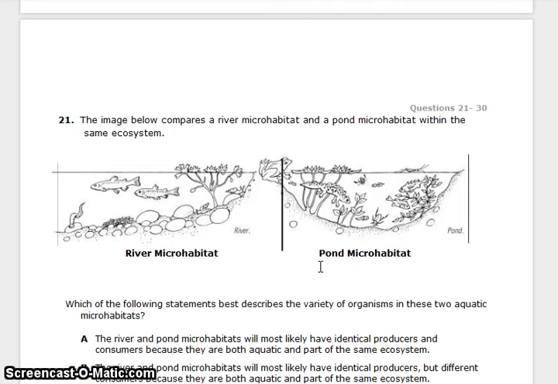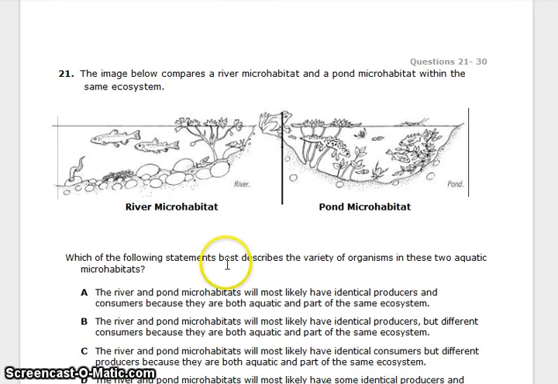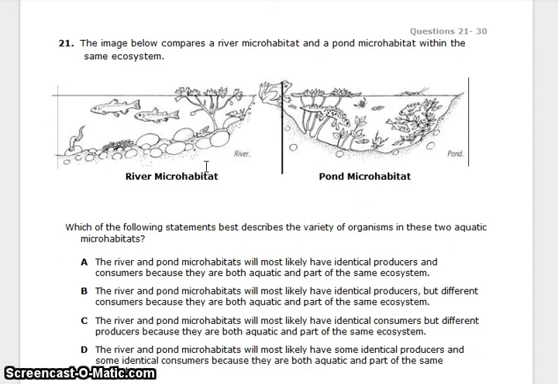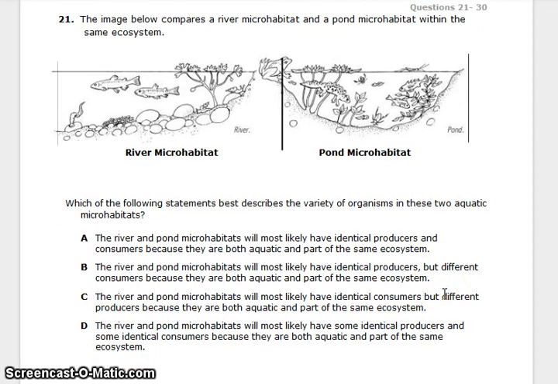21. The image below compares a river microhabitat and a pond microhabitat within the same ecosystem. Which of the following statements best describes the variety of organisms in these two aquatic microhabitats? A. The river and pond microhabitat will most likely have an identical producer and consumer because they are both aquatic and part of the same ecosystem.